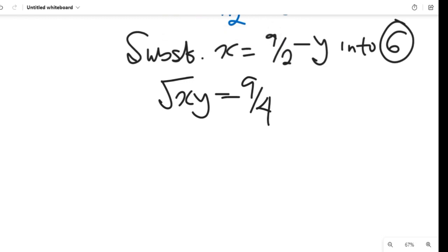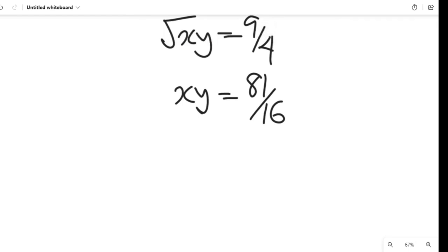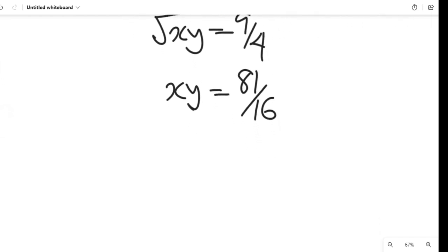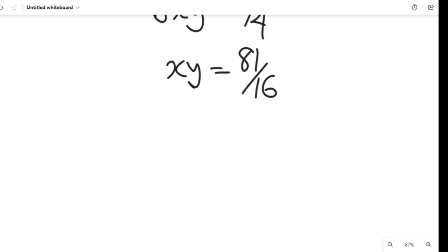If we square both sides, we'll clear the square root. That will give us xy equal to 81 divided by 16, because 9 squared is 81 and 4 squared is 16. So having done that, we can now substitute x equal to 9 divided by 2 minus y.